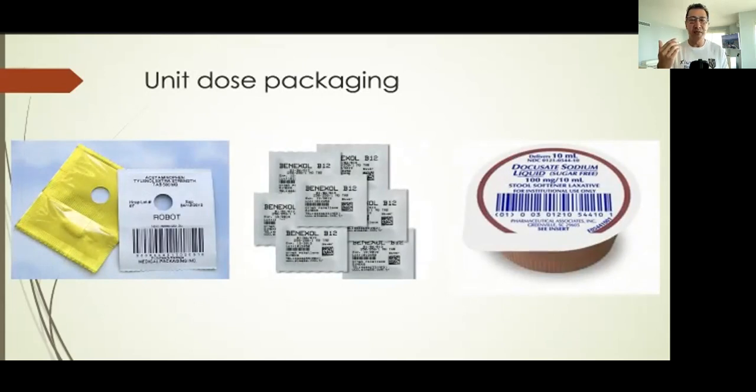Because can you imagine if my patient is supposed to get 50 milligrams of metoprolol, which is a beta blocker, a blood pressure medicine, and they gave me a bottle of this medication, and I ended up giving them 2 pills instead of 1?